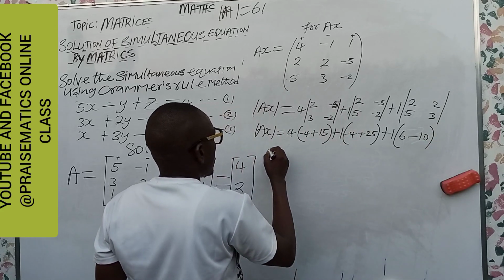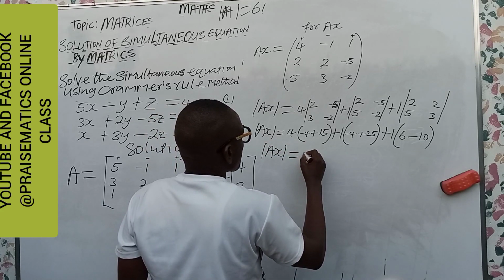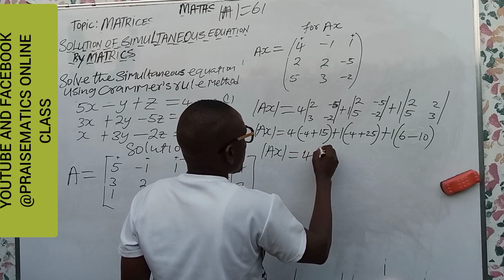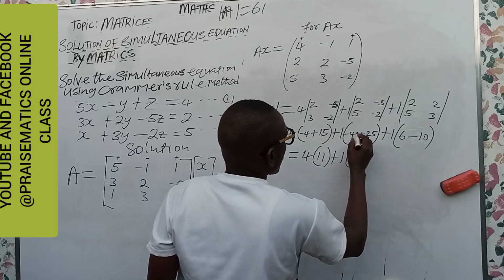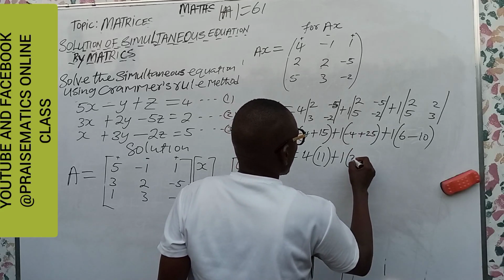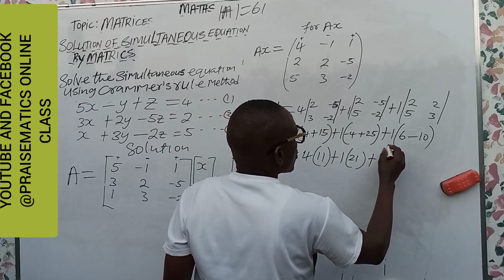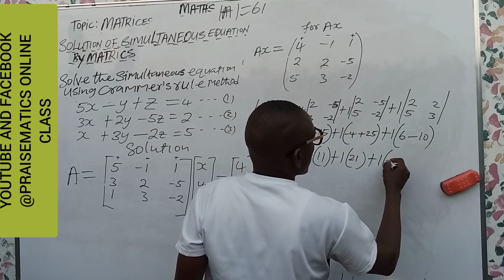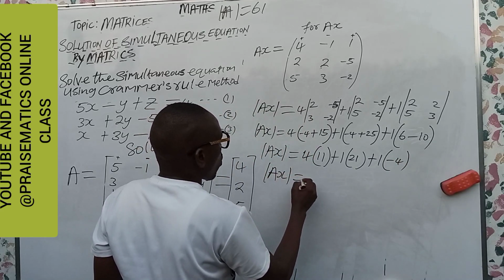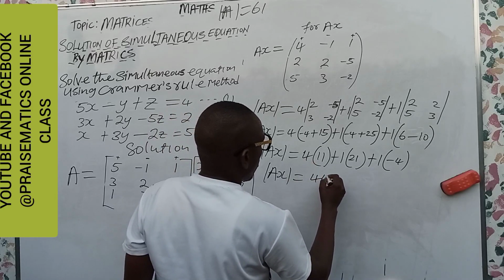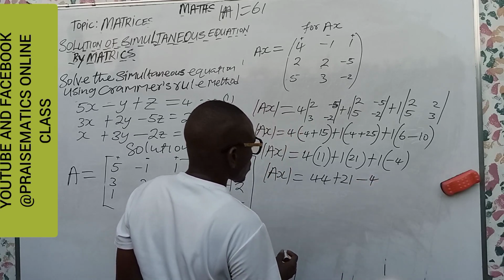Close it. Finally, what do we have? Ax determinant is equal to 4 into this will give us 11, plus 1 into this will give us 21, minus 4 plus 25 will give us 21, plus 1 into 6 minus this will give us minus 4. Close it. Our Ax determinant is equal to what? 4 times 11 will give us 44 plus 21 minus 4.